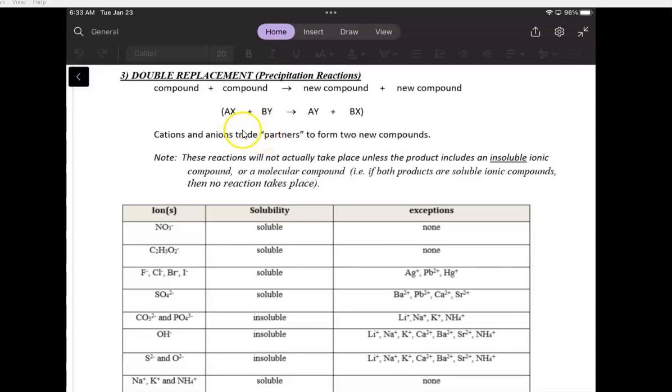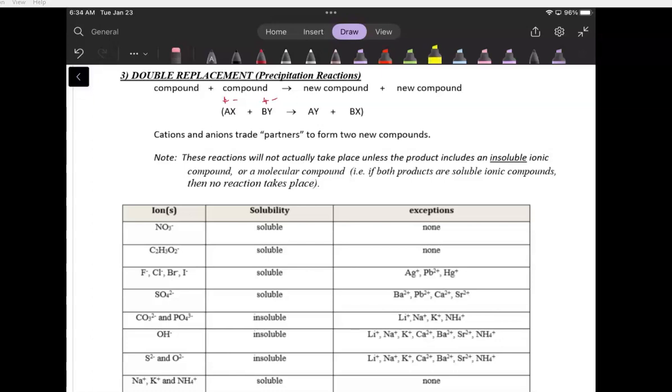In a single replacement reaction, you had an element in a compound, and the element replaced one thing in the compound. Well, here we have two compounds, and all they're going to do is sort of trade partners. So if you look at the model here, A would be our positive ion, X would be our negative ion in the first compound, so we have positive, negative. B would be the positive, Y would be the negative in the other compound.